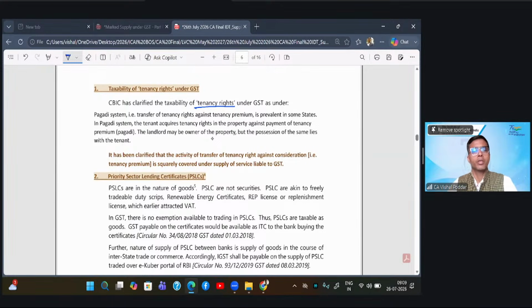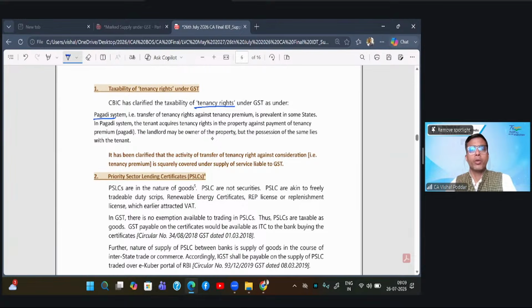This long-term lease is what is called tenancy. So in Bombay or many places, there are buildings and plots which are not sold. They are given on a 99-year lease. And that is what is also called in Bombay the Pagadi system.